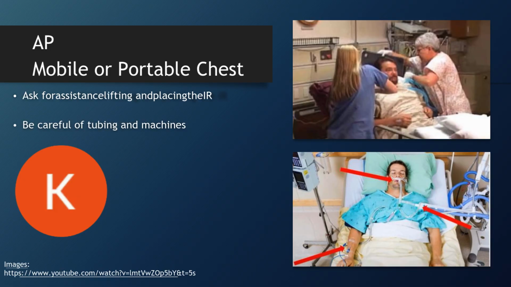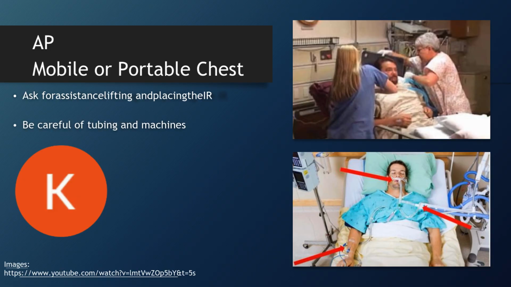Never be hesitant to ask for assistance when lifting and placing the IR. The nurses at the ER or any clinical setting or imaging center where you work, there would be colleagues who will be willing to help you.